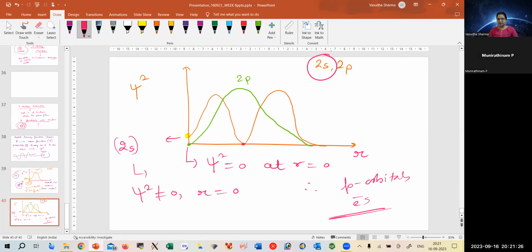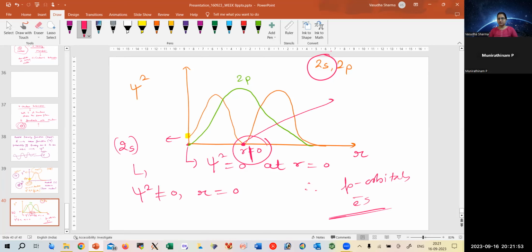If you see the 2p graph, at r equals 0, psi square is 0. So at this particular moment, there would be no electron density penetrating into the nucleus. But if we see r equals 0 over here, we have certain electron density. So inside the nucleus, there is a certain distance. But if we move a certain distance, say x centimeters from the nucleus, there would be no electron density present.